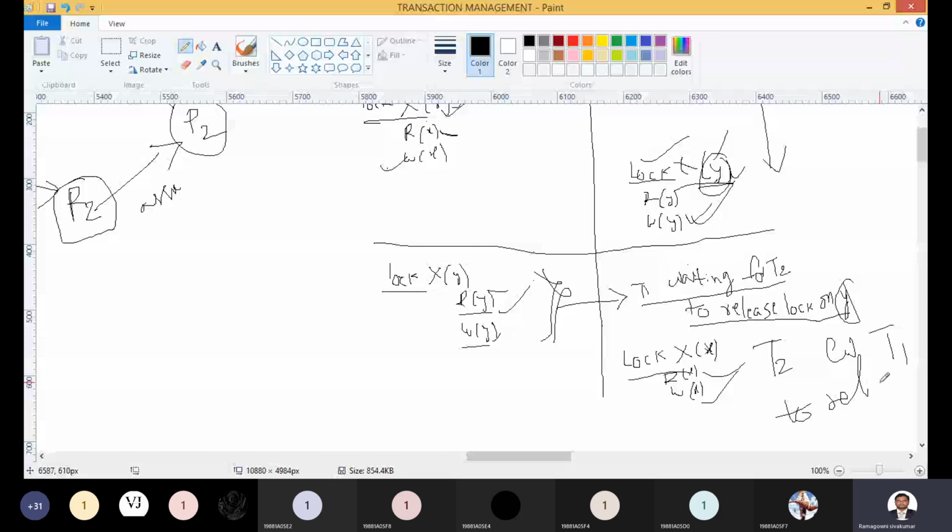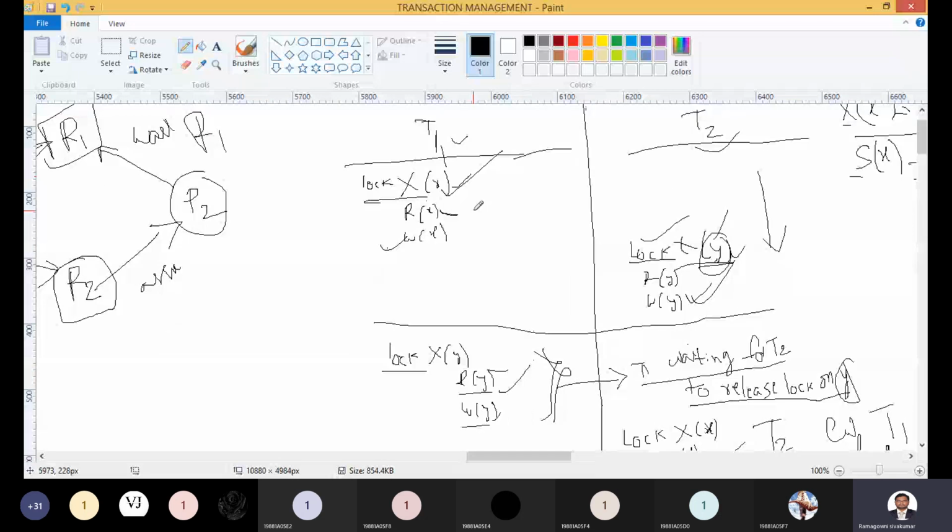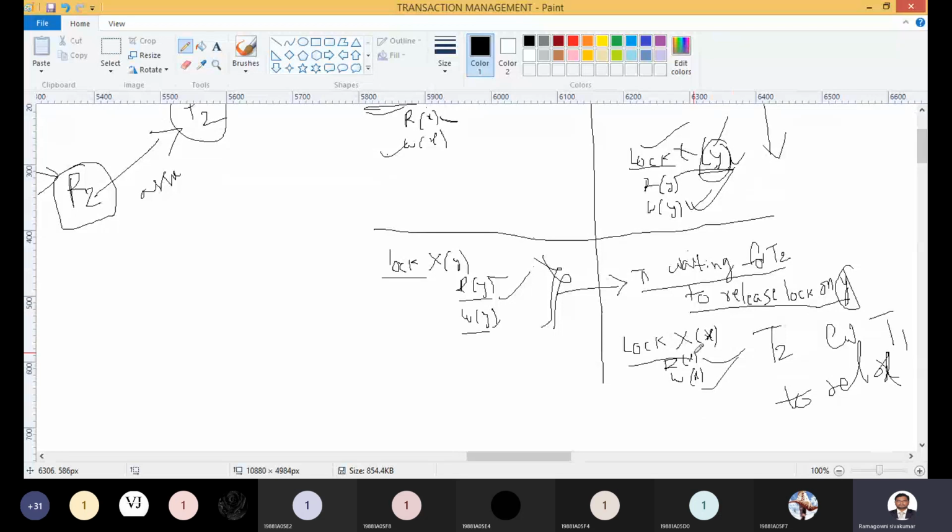So we have two transactions, T1 and T2. I'm performing lock on X data item in T1 transaction, and I'm performing lock on Y data item in T2 transaction. Then here the T2 transaction trying to access X data item. Okay.